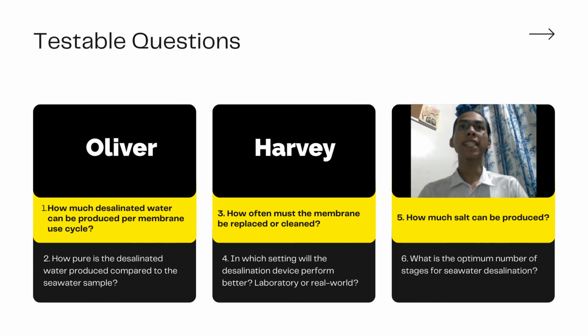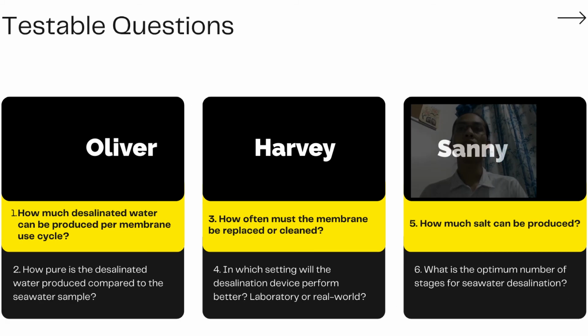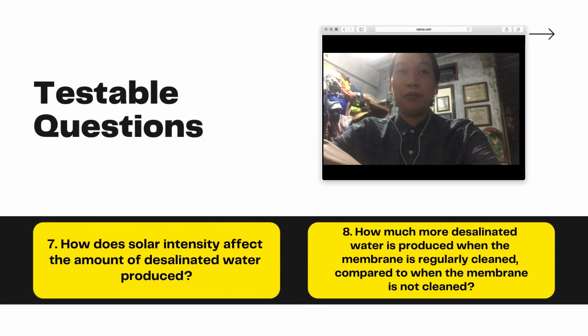Next, what is the optimum number of stages for seawater desalination? This question addresses the objective that aims to determine the optimum number of stages for maximum desalinated water production for a modular design. The other testable questions are, how does the solar intensity affect the amount of desalinated water produced?